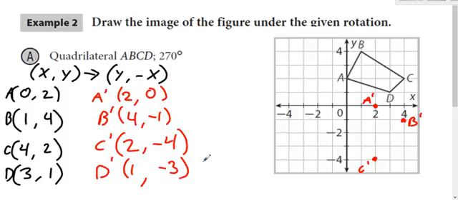And D prime is 1, negative 3. So it does look like the same shape. It's obviously twisted around a little bit.